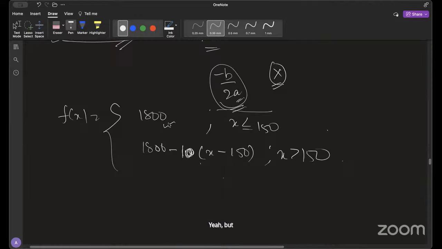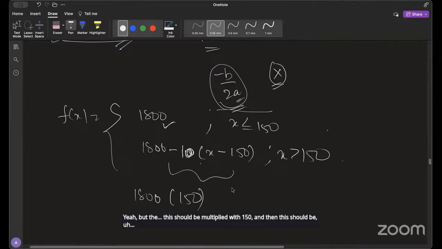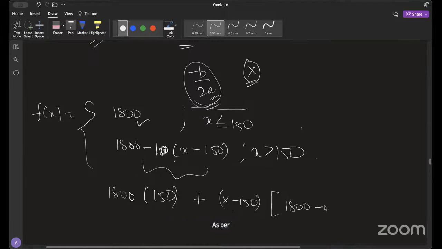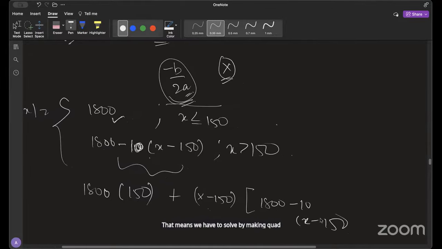Yeah, but this should be multiplied with 150, and then this entire thing should be multiplied with x minus 150. This should be the thing as per the question. Ma'am, that means we have to solve by making a quadratic equation only. Yeah.